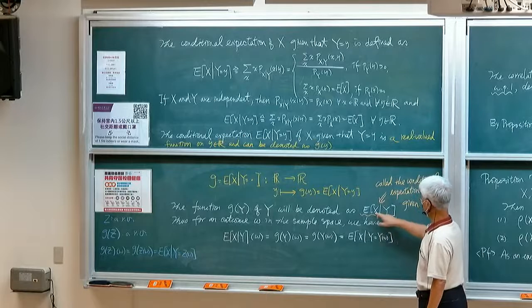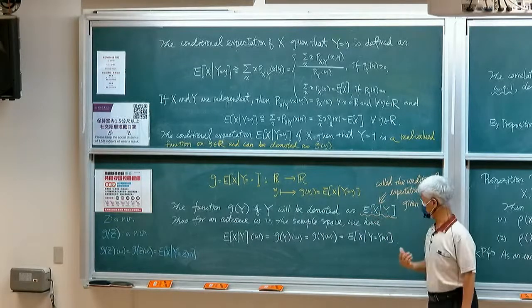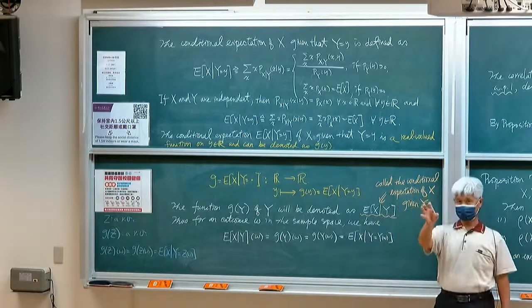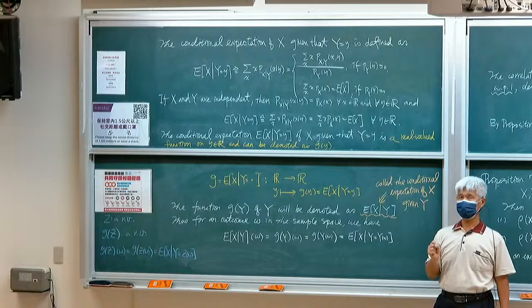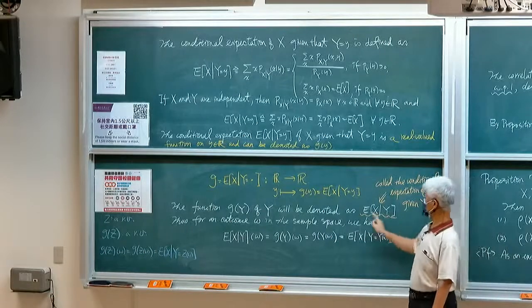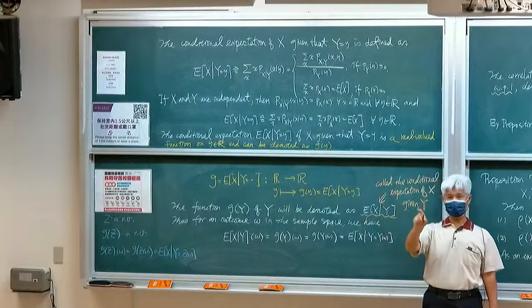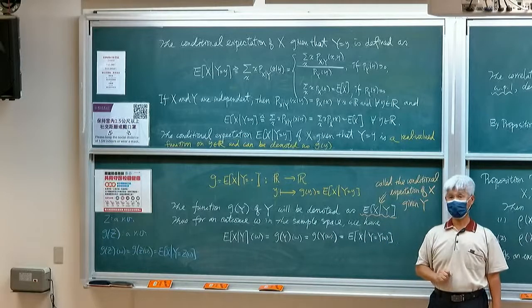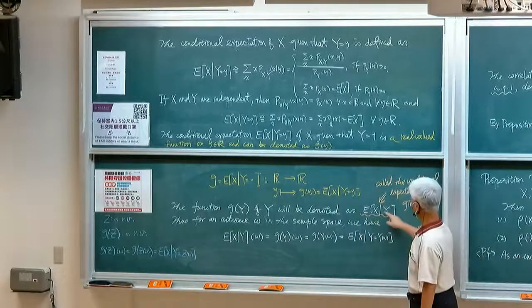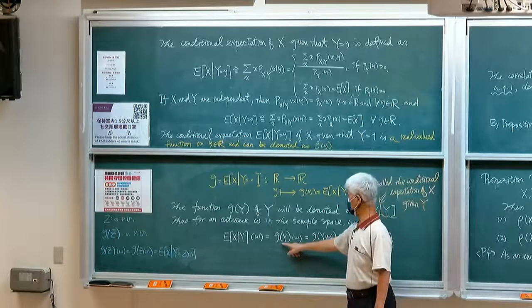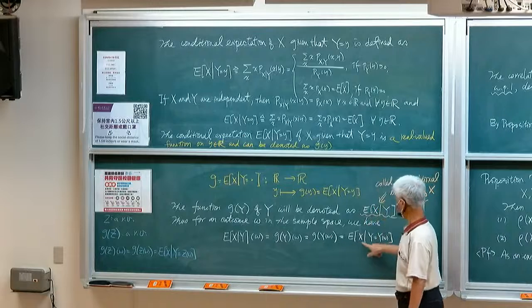So conditional expectation. This random variable tells us that when we observe Y, then through this function g, we know something about the expectation of X. Why? Because once we know Y, by the composition, we know this.